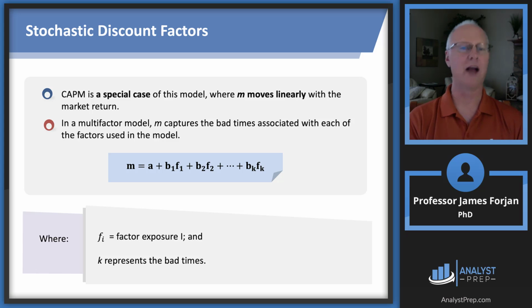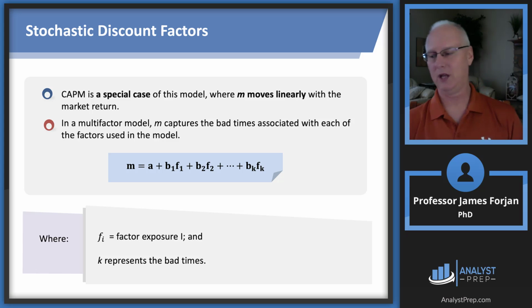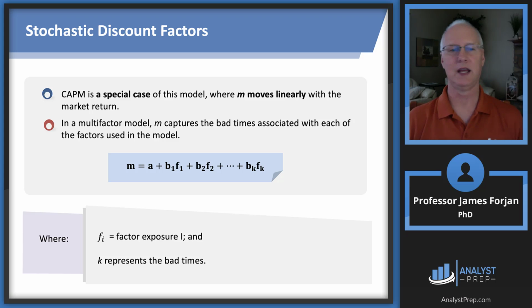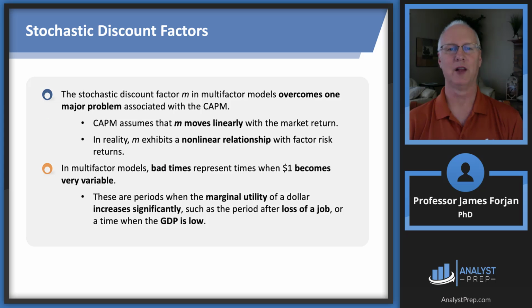So you could have factor 1 and factor 2. We started with just 4 factors, but you could have 10 or 20 or 80. I mean, 80 is probably too many. What we'll talk about in either the next chapter or the following chapter is which are the important factors that are out there, and we're going to actually test and discuss the results of those. And notice the K's represent the bad times. This is the terminology in the chapter.